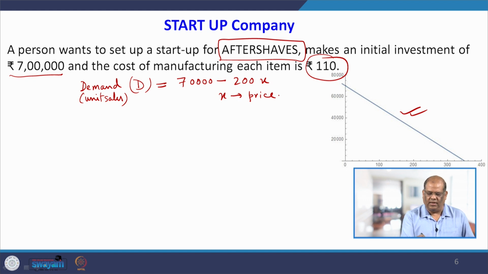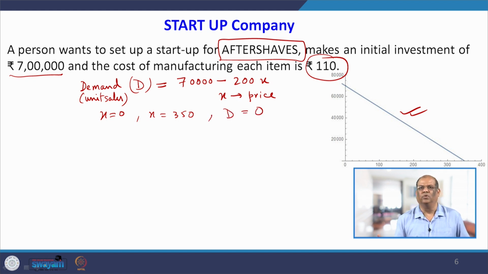So, if your x is 0, clearly you end up giving up everything free because it is only 70,000. If your x is 350, then your demand curve is 0, that is, there is no sale basically. So, you have to find this value of x.